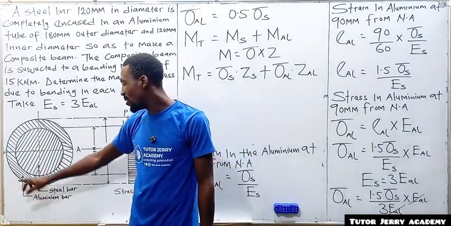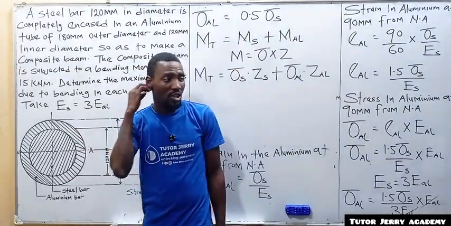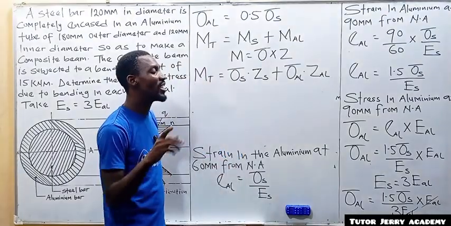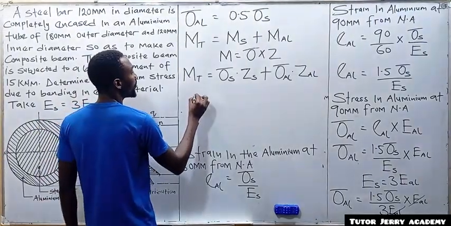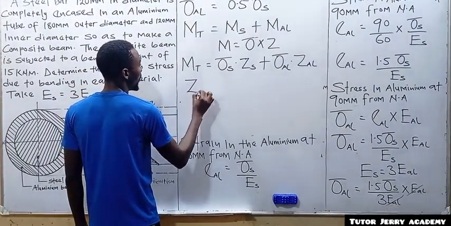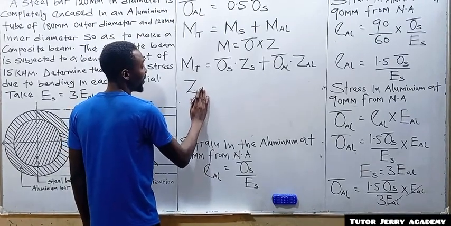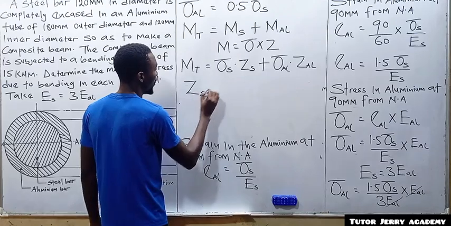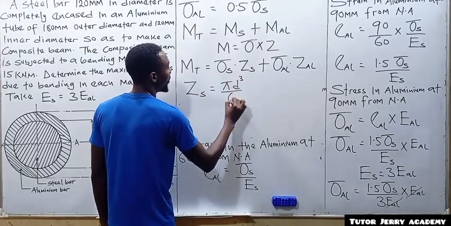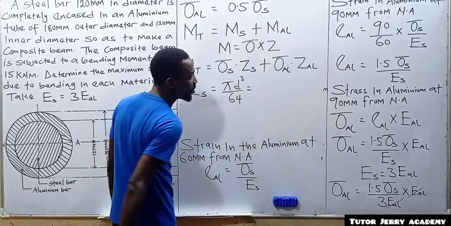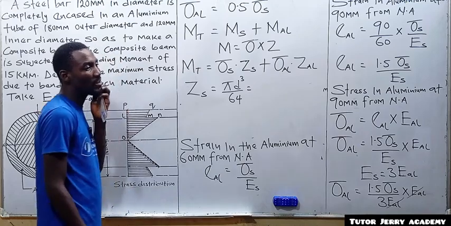The section modulus is pi d cubed all over 32.